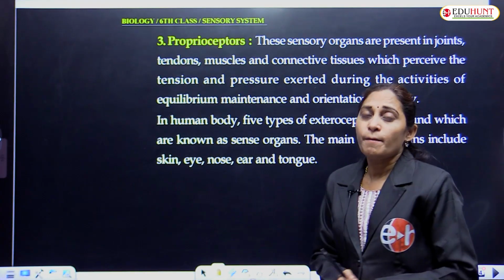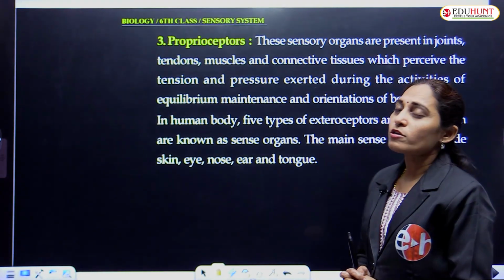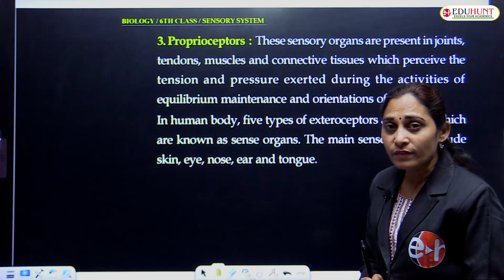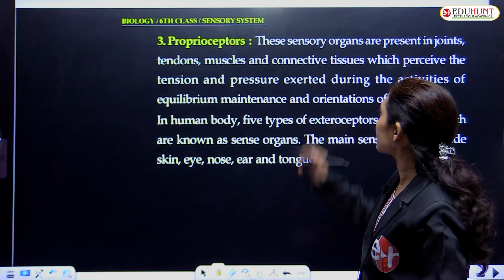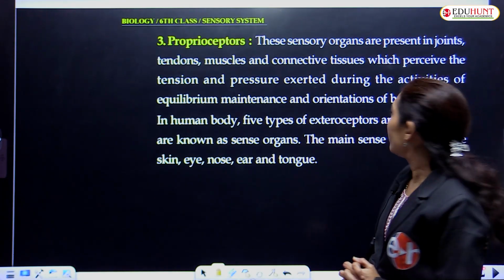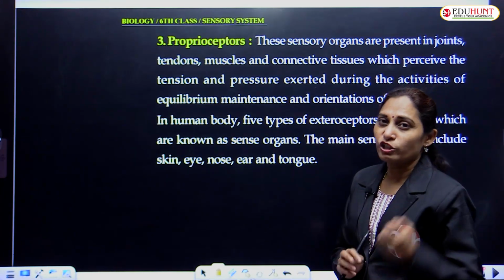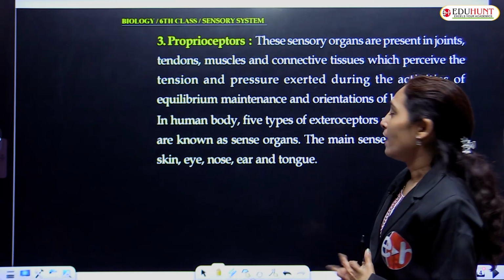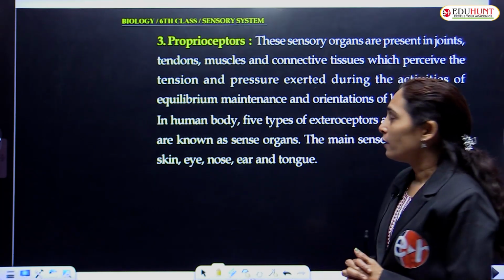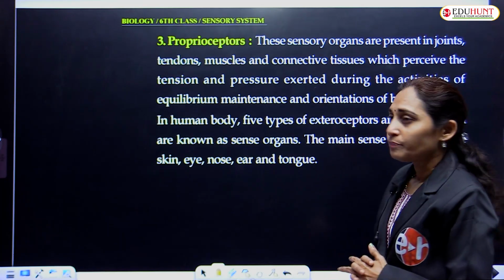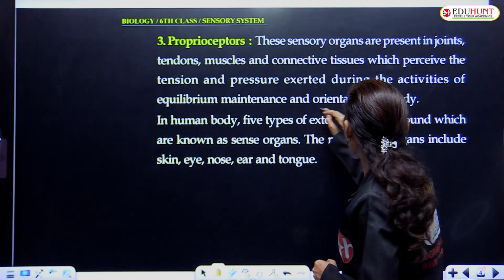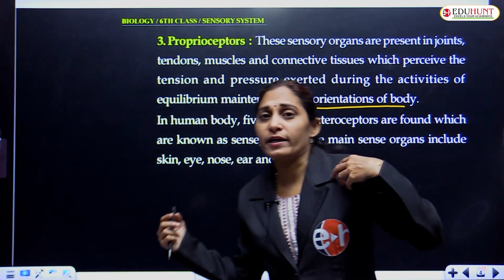And third is proprioceptors. Proprioceptors are in connection with muscle fibers, tendons, muscles, and even connective tissue, which perceive the tension or the pressure exerted during maintenance of equilibrium and orientation of the body.